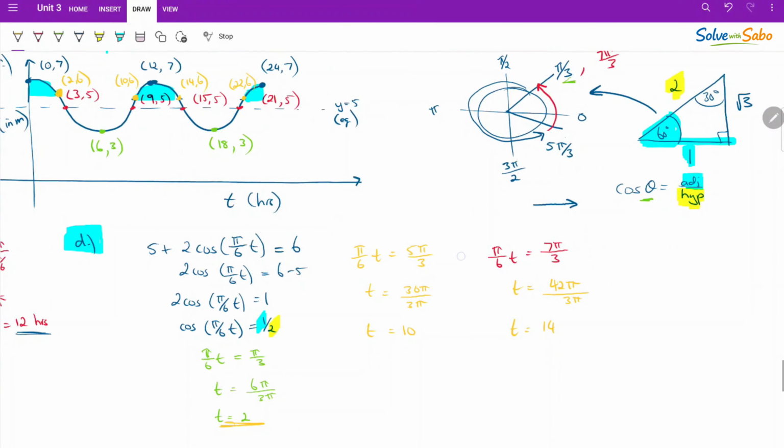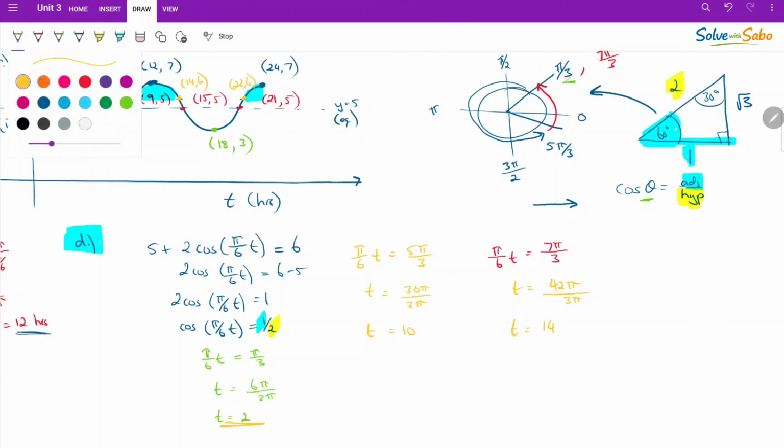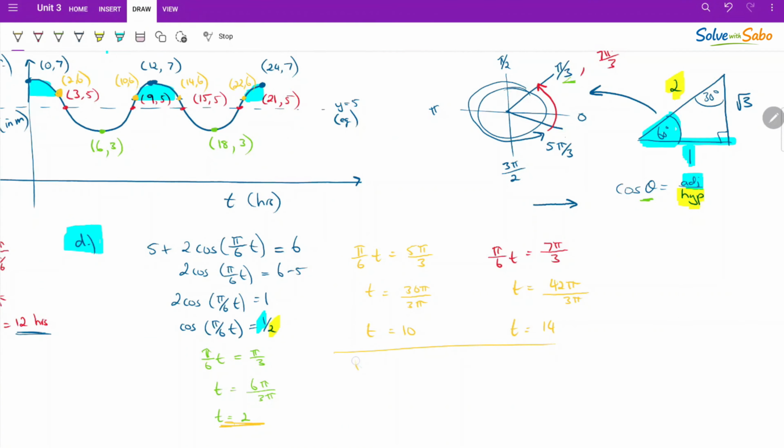When is he able to bring his boat back in? So here we go. Boat can go back in when t is less than or equal to 2, comma, when t is between 10 and 14, equal to on both, and lastly, when t is greater than or equal to 22.